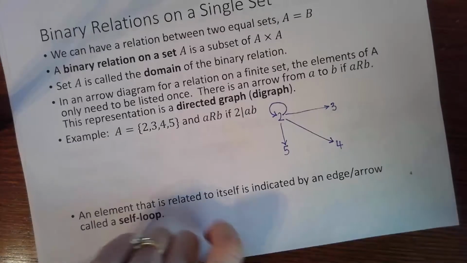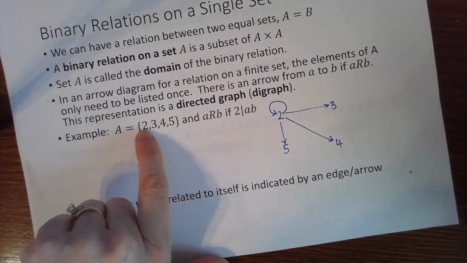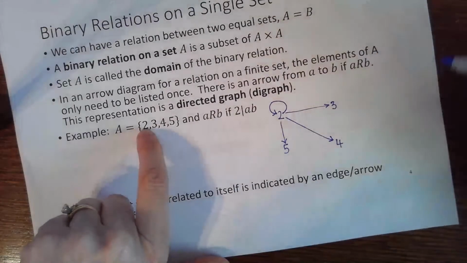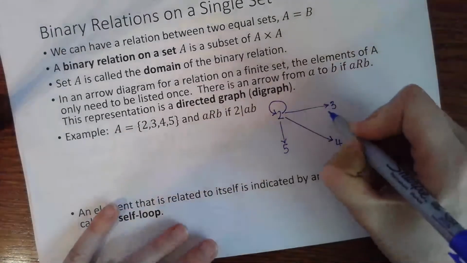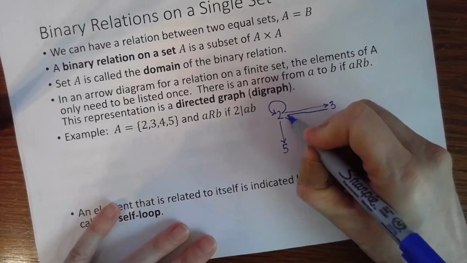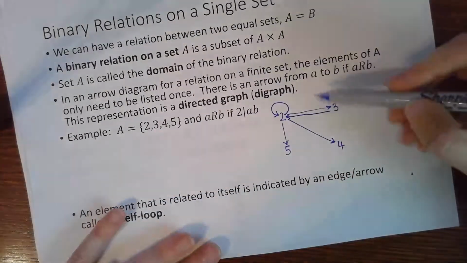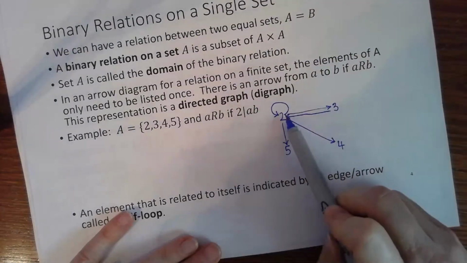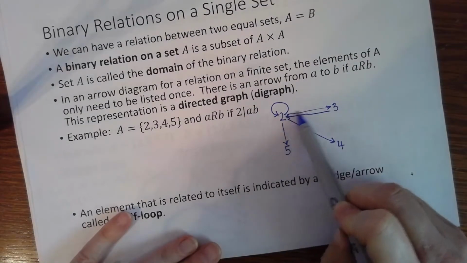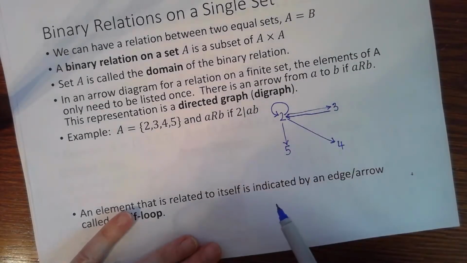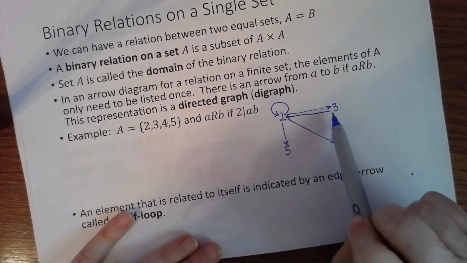How about 3? Is 3 related to 2? Well, certainly 3 is related to 2. So notice, just because I have an arrow going from 2 to 3 does not mean I will always have an arrow going from 3 to 2.